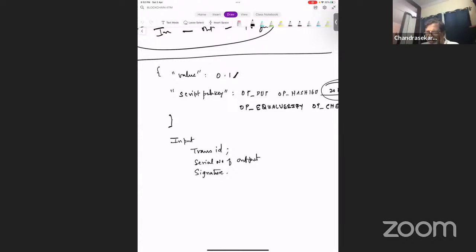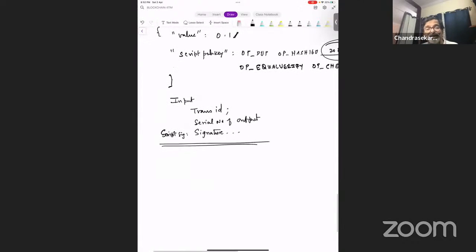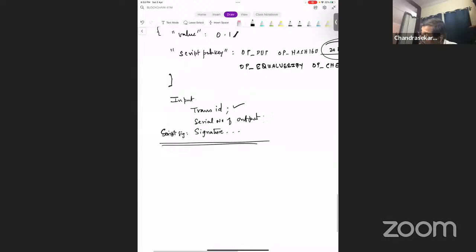and some related information; we will call it the signature field. This is called the script signature. This will all be there in the input, because it will refer to that transaction ID, the serial number of the output, and the script signature.